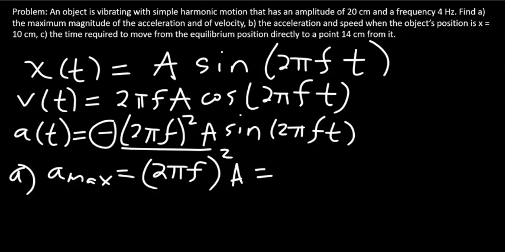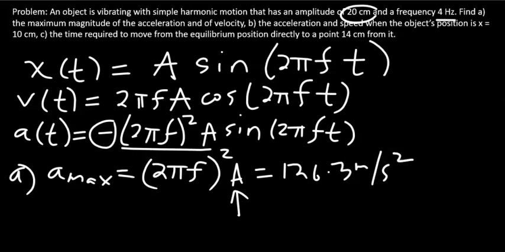F is 4 Hertz and A is the amplitude, 20 cm, which we have to convert into meters. So if you put all these values in, you get the following: 126.3 meter per second squared.